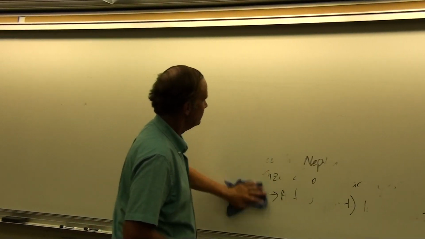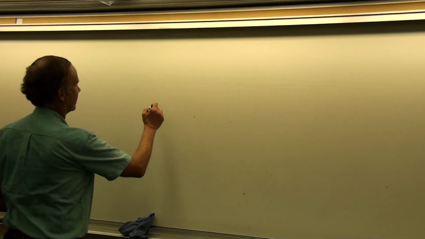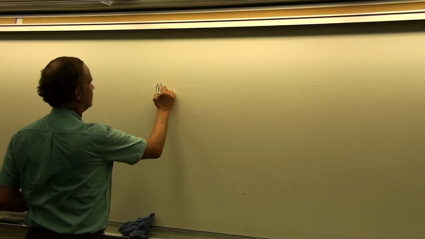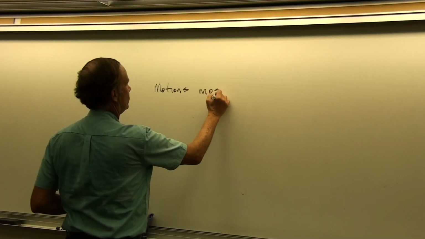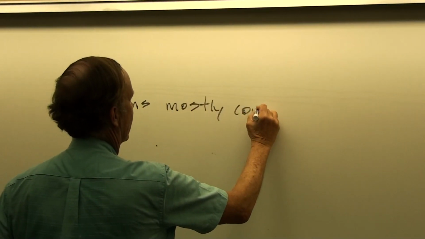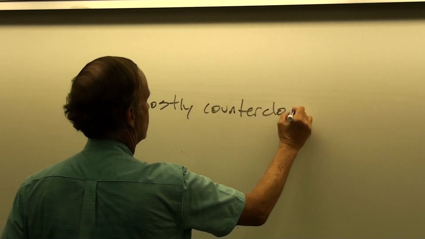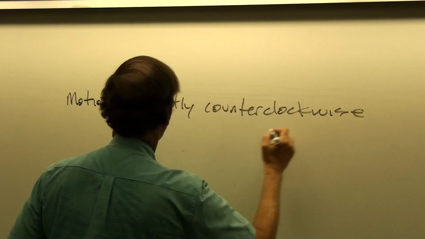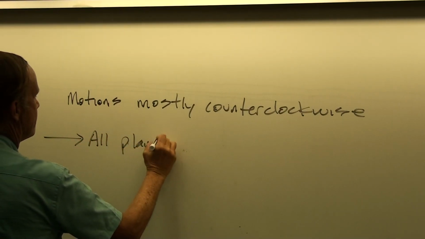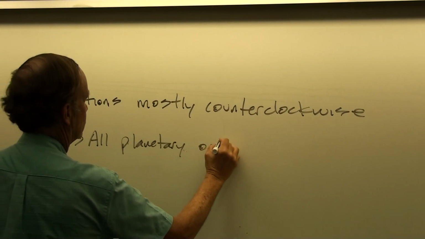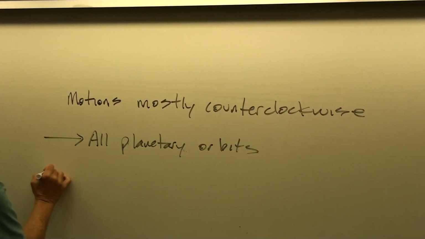Okay? And there is a moon, Triton, that goes around Neptune, that also orbits Neptune in a clockwise direction. And so most motions are counterclockwise. So this includes all planetary orbits, all the major planets.